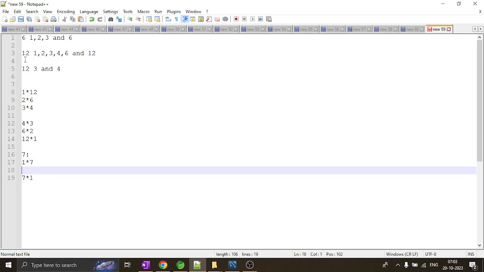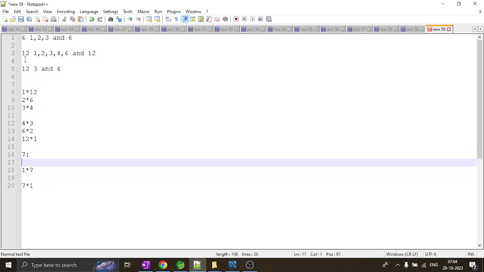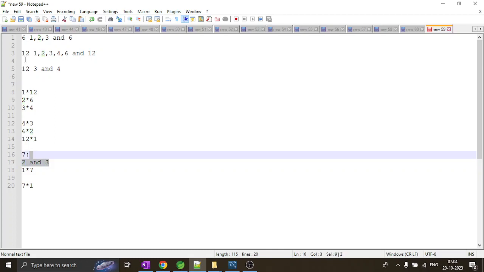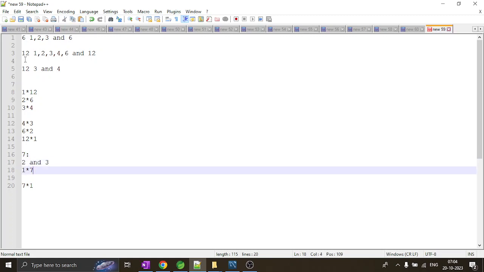The square root of 7 will typically lie between 2 and 3, right? Because the square of 2 is 4 and that of 3 is 9, and 7 lies between 4 and 9. So yeah.